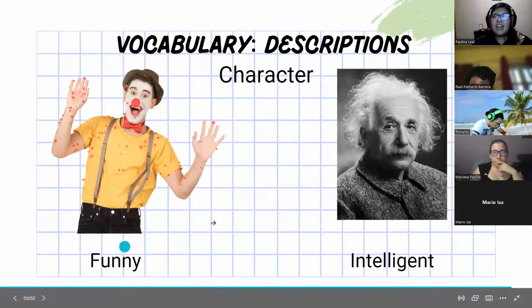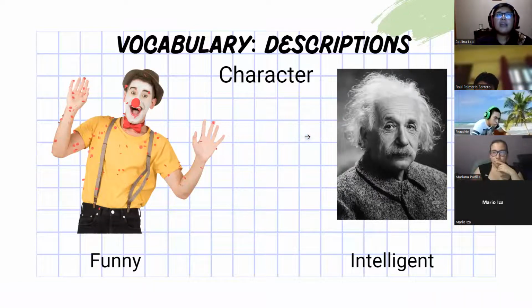And if they are very good with numbers, they have a big brain, they are very good at thinking, we say they are intelligent, like Albert Einstein, pretty smart dude.